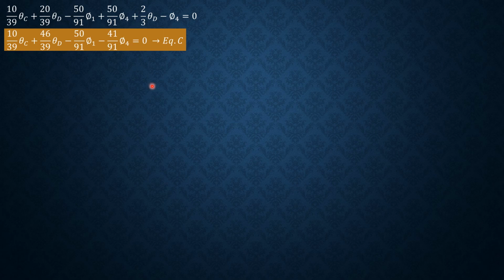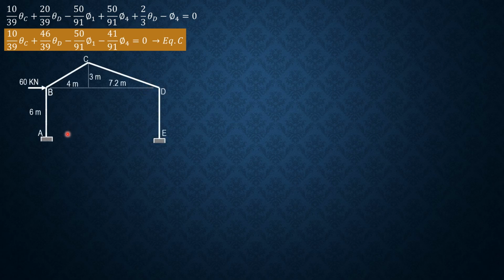Then let's have equilibrium for the entire system. Summation of forces in x equals 0. So these are the assumed directions for shear and reactions at A and at E. VA plus V sub E plus 60 equals 0.